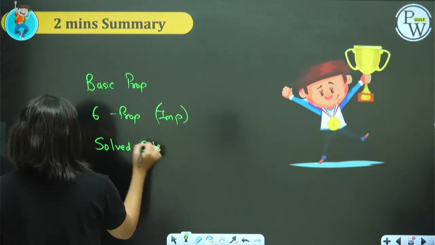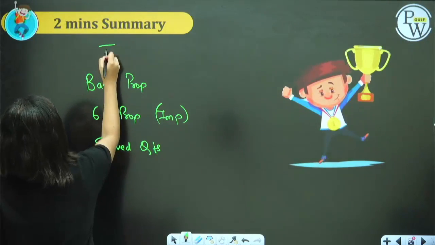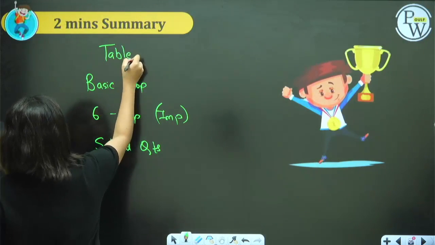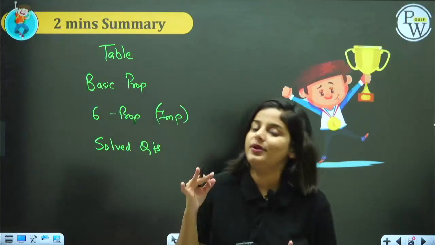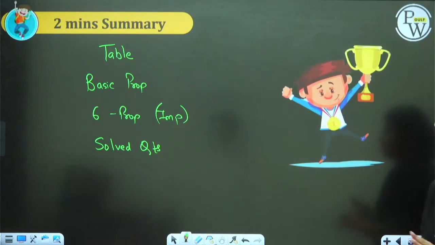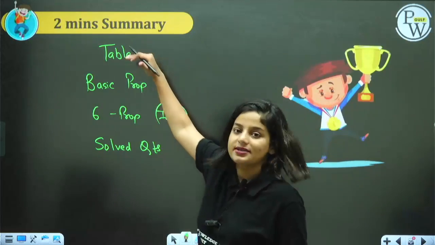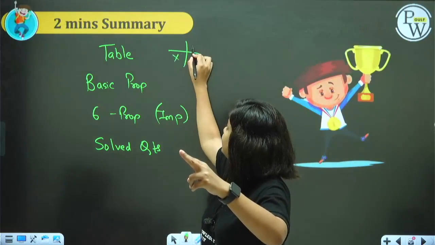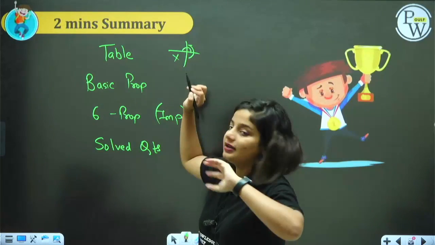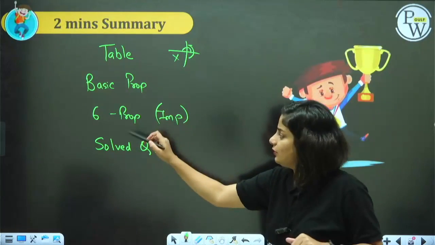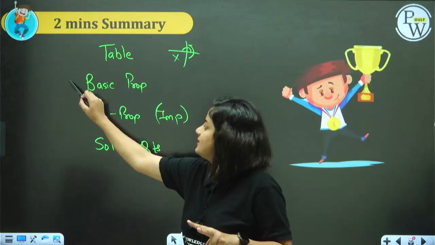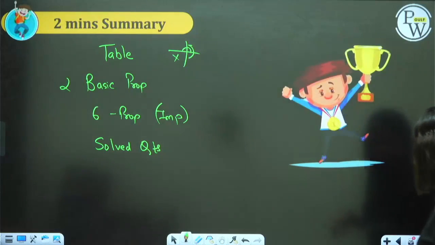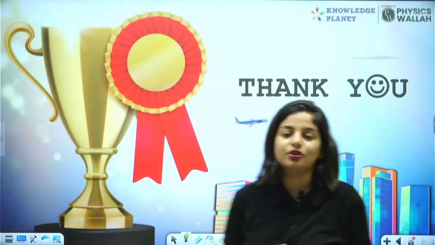But first and foremost, before all this, there was a table which we had to learn by heart, its domain and range. So from today's class, all you have to take is how to remember the table. I gave you the logic also. 2 basic properties, 6 important properties and questions on them. All the properties we used in the questions.